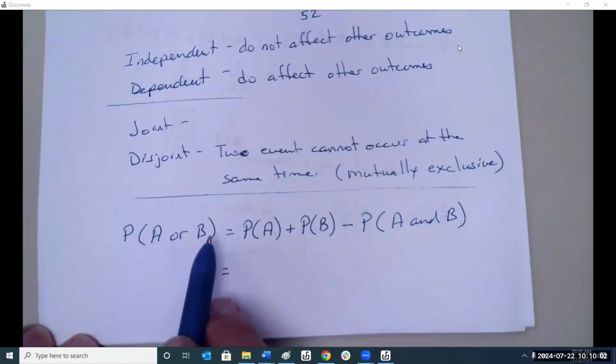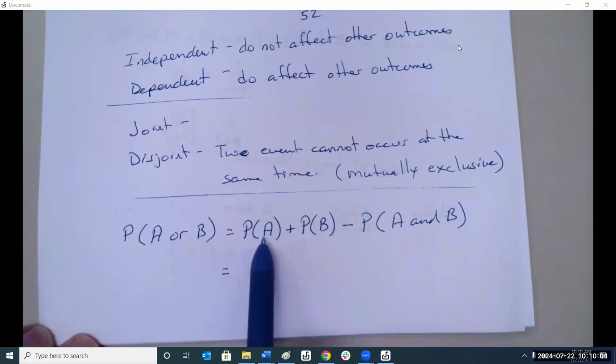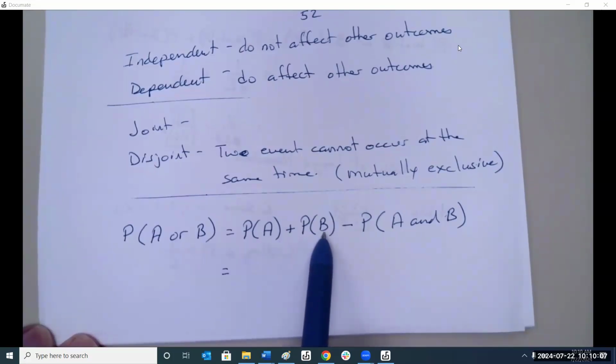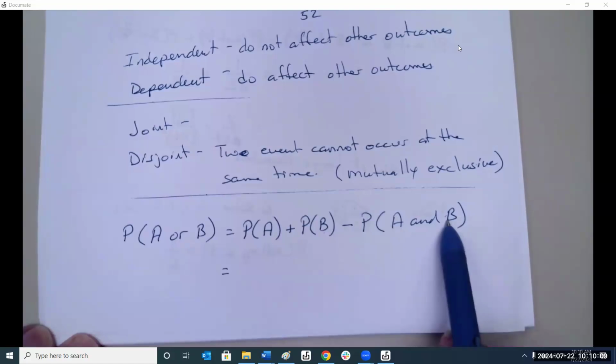So the probability of A or B is the probability of A occurring plus the probability of B occurring minus them both occurring at the same time.